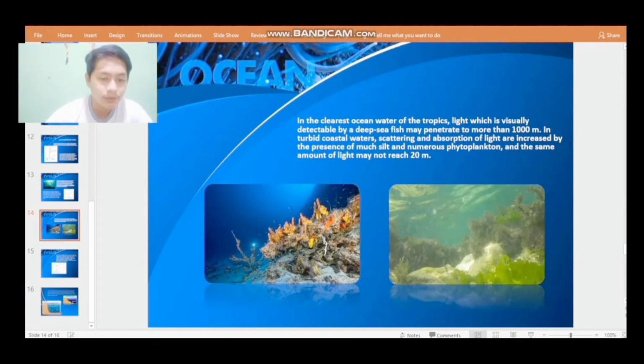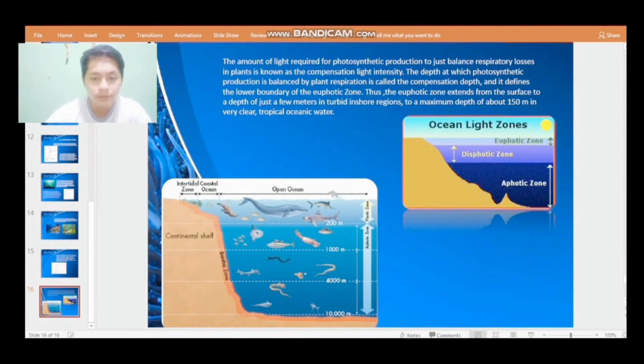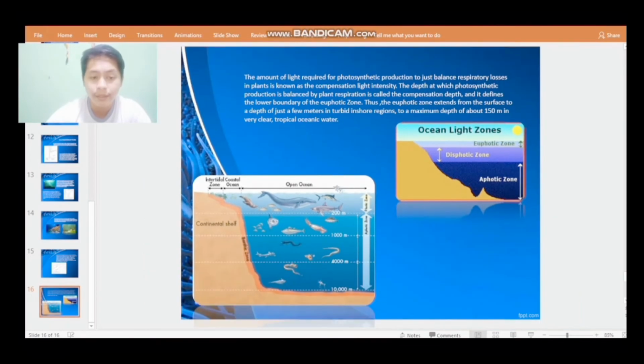In the clearest ocean water of the tropics, light which is visually detectable by a deep sea fish penetrates to more than 1,000 meters. In turbid coastal waters, scattering and absorption of light are increased by the presence of much silt and numerous phytoplankton, and the same amount of light may not reach 20 meters.